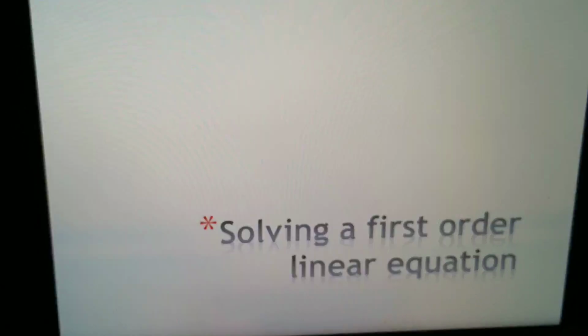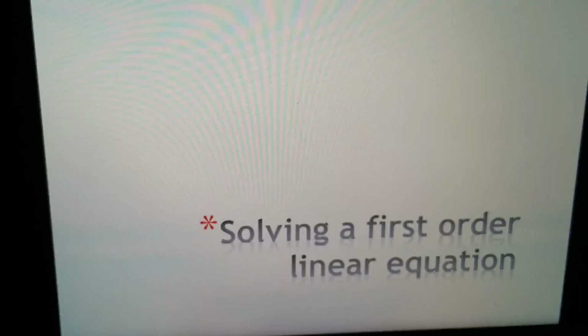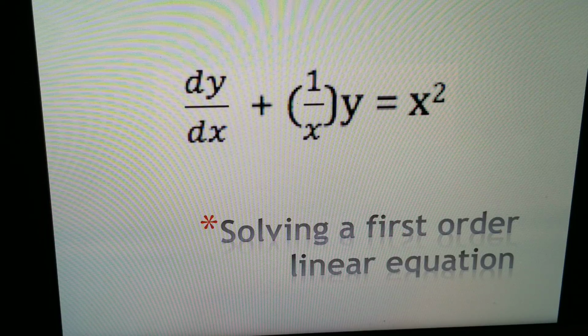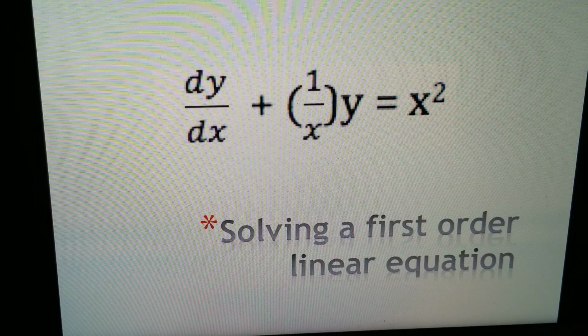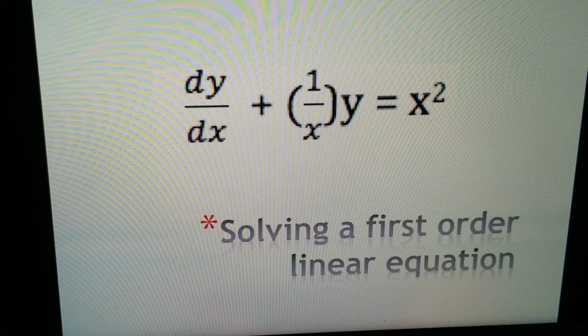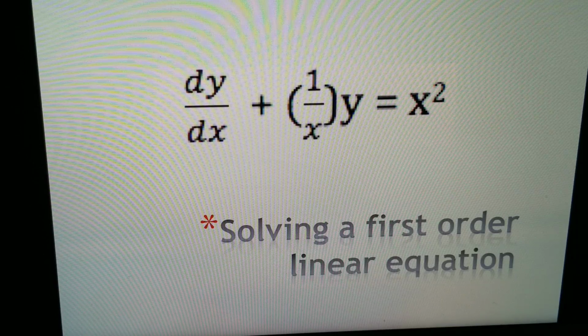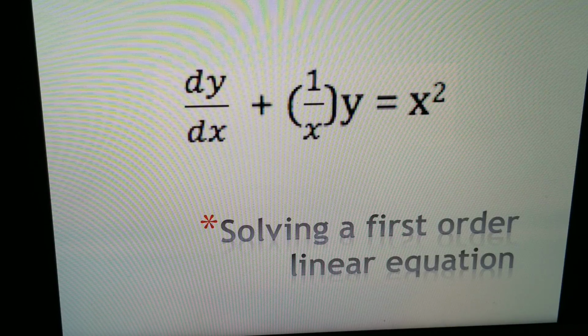So let's try to solve a first order linear equation. We can clearly see that this equation is linear because there's a function of y and the first derivatives of y. The first thing we're going to want to do is multiply both sides by an integrating factor to get a product on the left-hand side of the equation. For this example, that integrating factor is x.